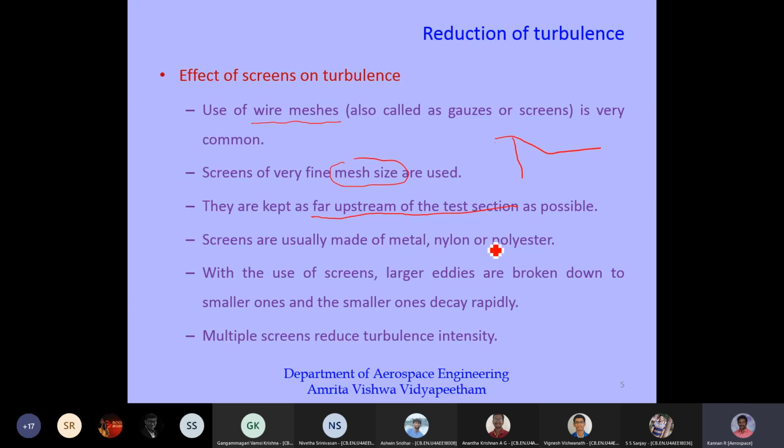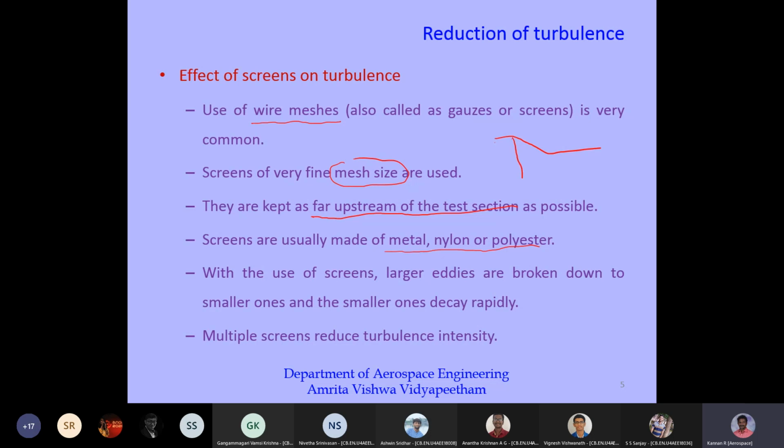Metal or nylon or polyester mesh is used as your wire mesh. With the use of screens, you can cut down large eddies, which are broken into smaller ones. And if they are broken into smaller ones, they decay very easily. If you use a single screen, the reduction in turbulence intensity will be less.